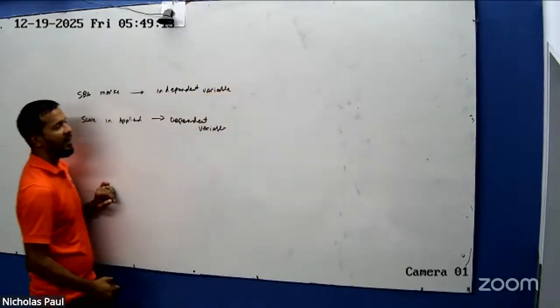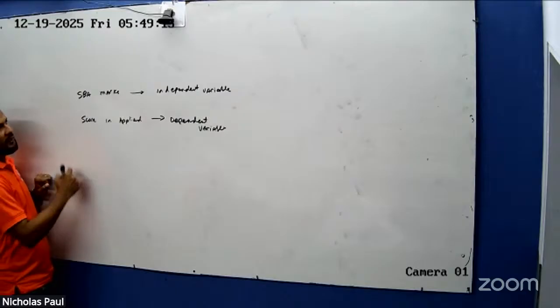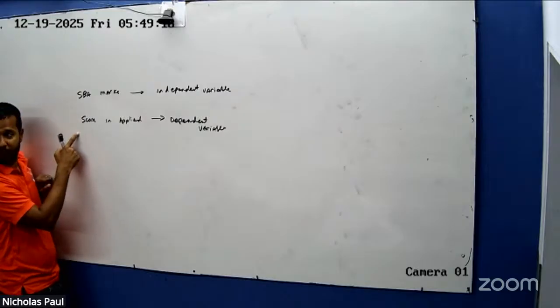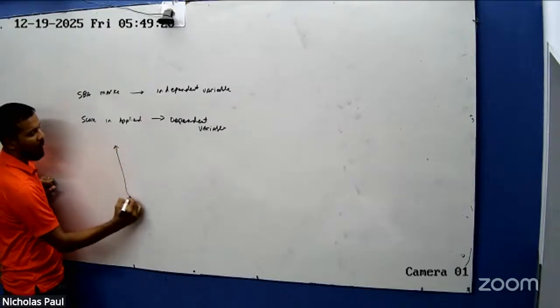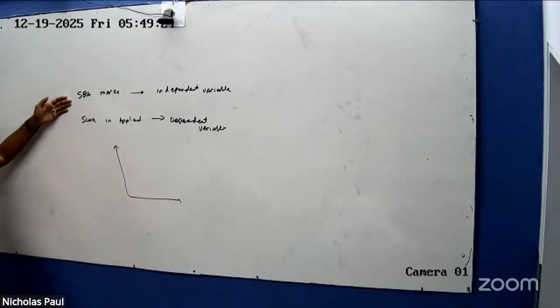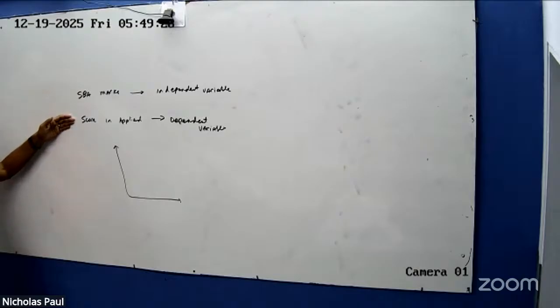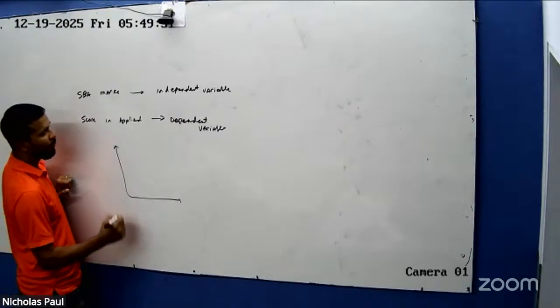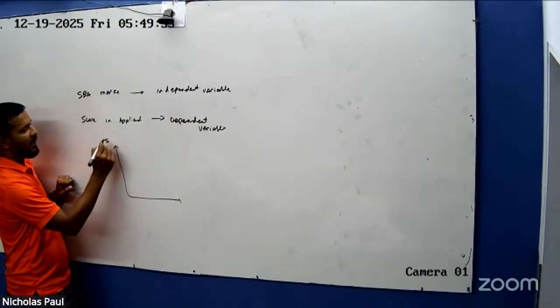So I want to see how this affects this. I might go around, collect some SBA marks, and then ask them what was the final score in Applied. So you might have your SBA marks.